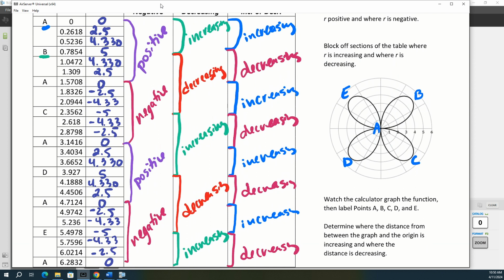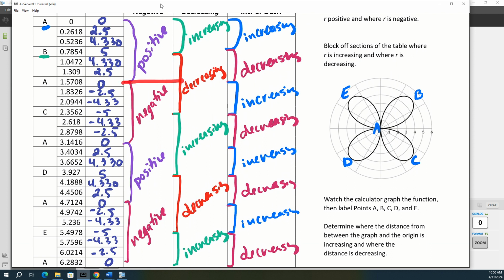All right, so I'm showing you guys all this so maybe we can find a pattern that even if we can't have a calculator, we can still figure this out. Or if we do have a calculator, we can still figure it out. So I noticed that this little section of increasing, the R is positive and also increasing.